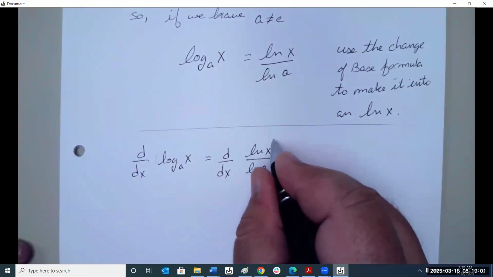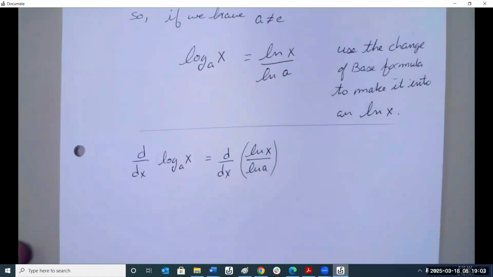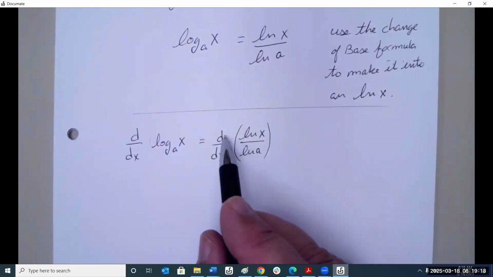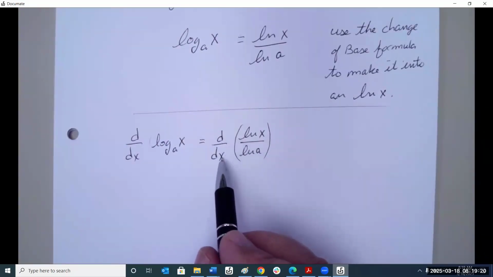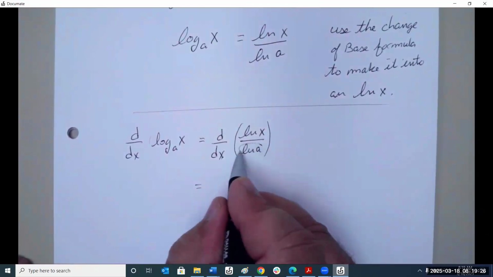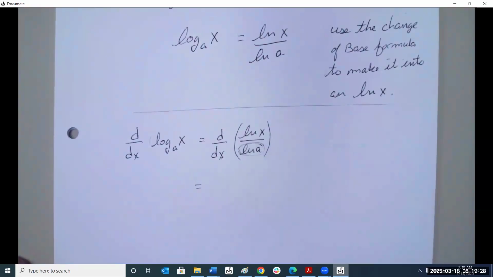So we use the change of base formula. Now it makes it much easier. Because remember, we're only taking a derivative with respect to x. So that means ln a is a number, it's a constant.